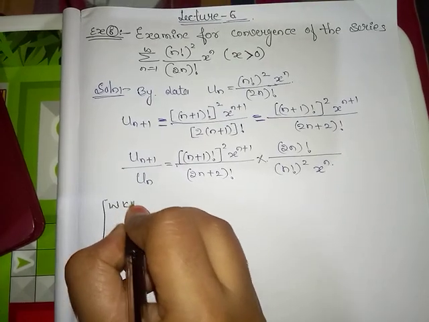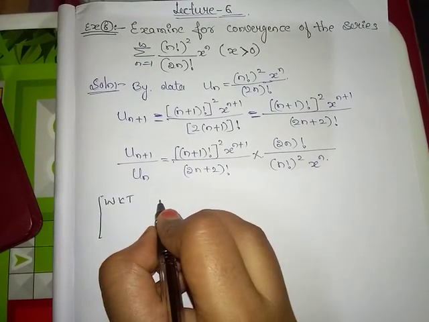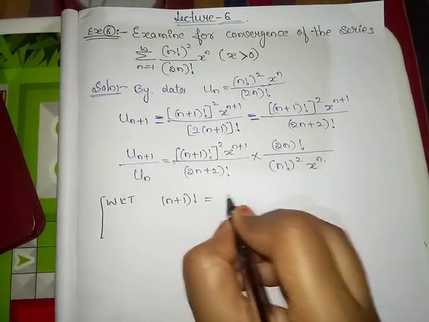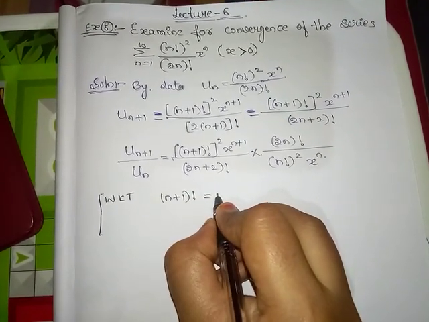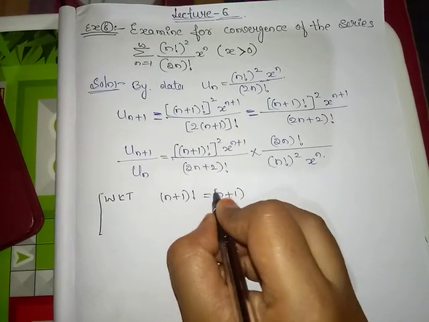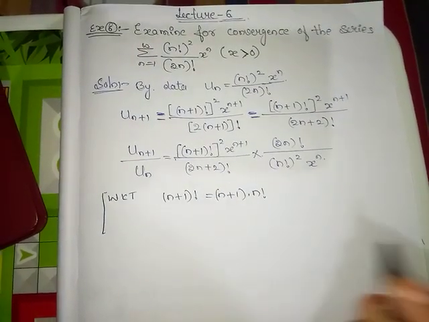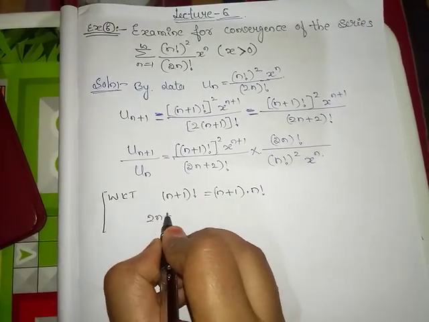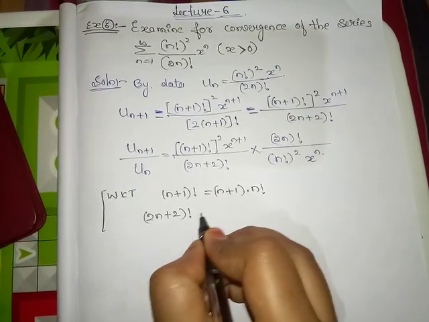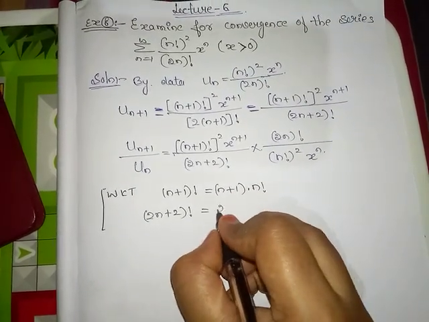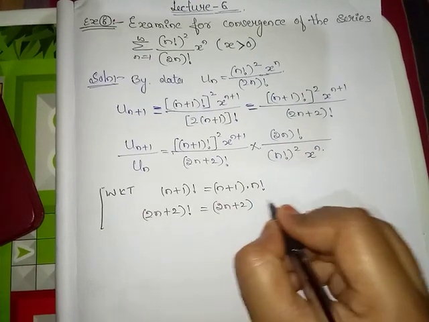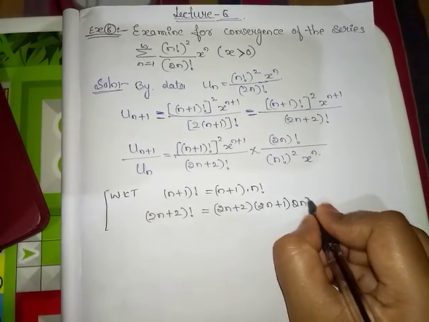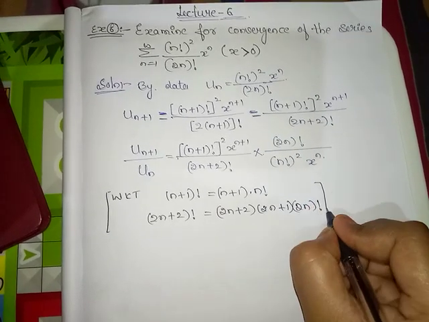We know that n plus 1 factorial can be written as n plus 1 into n factorial, and 2n plus 2 factorial can be written as 2n plus 2 into 2n plus 1 into 2n factorial.